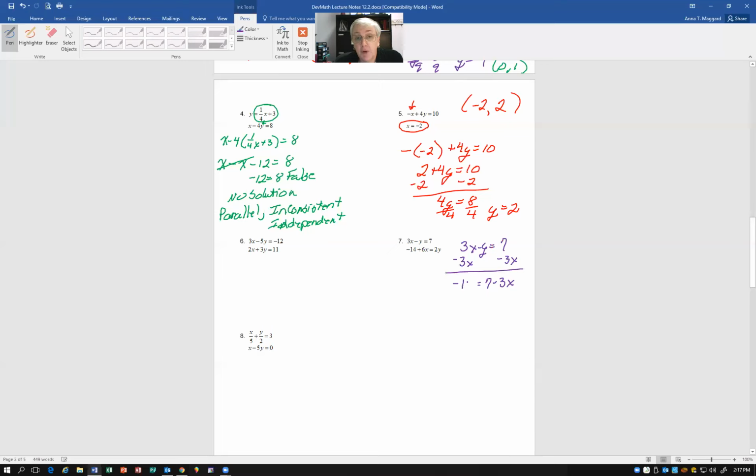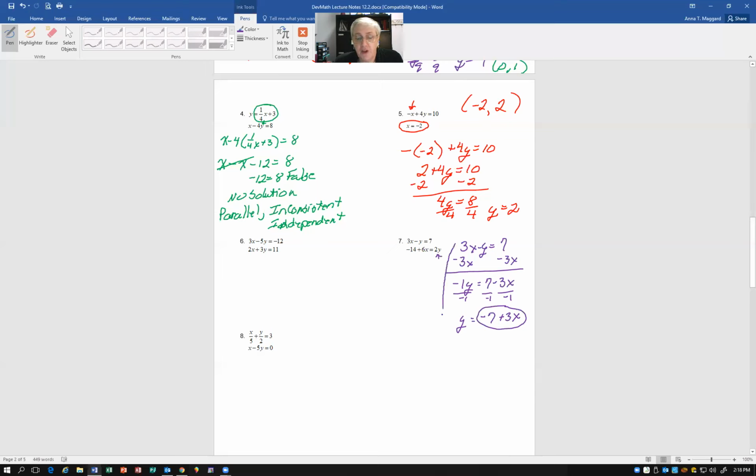Negative, I'm going to put a 1 there, y. Haven't solved for y yet. I need to divide everything by a negative 1. It's going to change all my signs. So I have y equals negative 7 plus 3x. Now I'll put this right there.